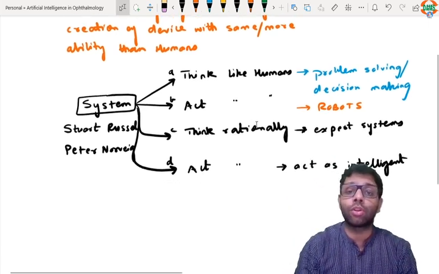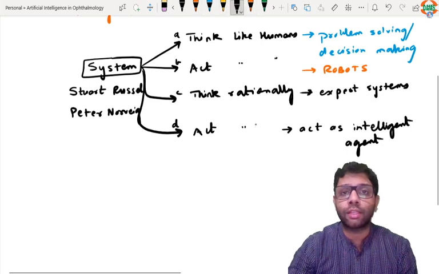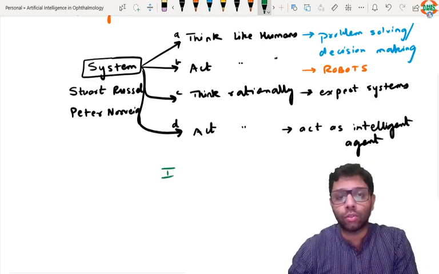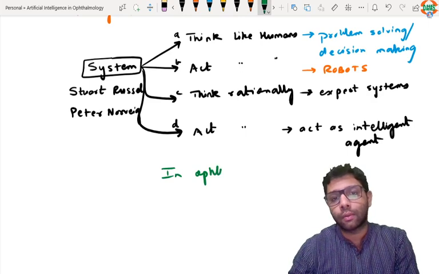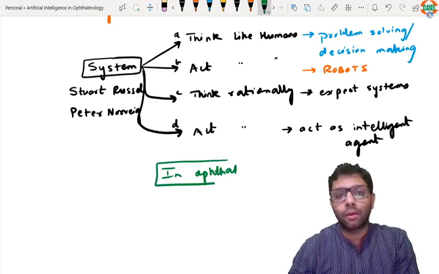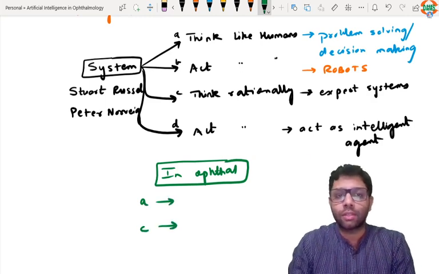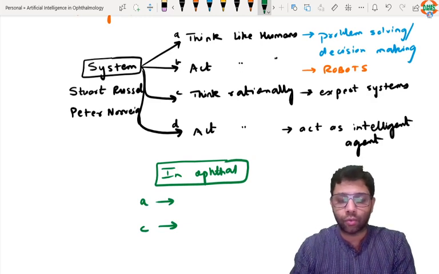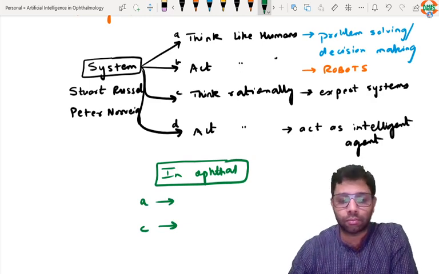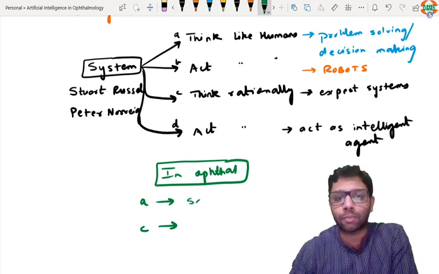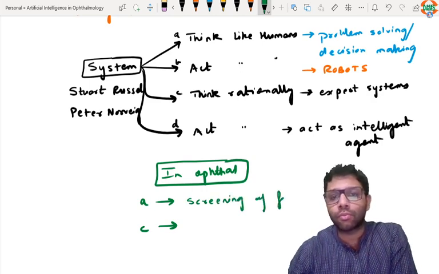But this is a general thing. Now comes ophthalmology. In ophthalmology, you can next write down that out of these four, mostly used are A and C. A is think like humans and C is think rationally. For example, A is mostly developed in ophthalmology, that is thinking like humans, means for example screening of some fundus images or optic disc images.